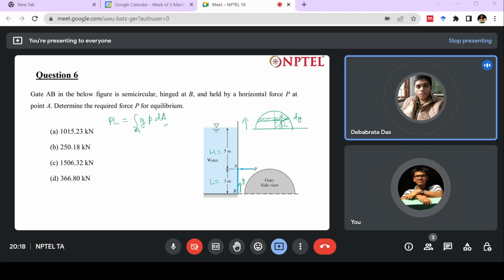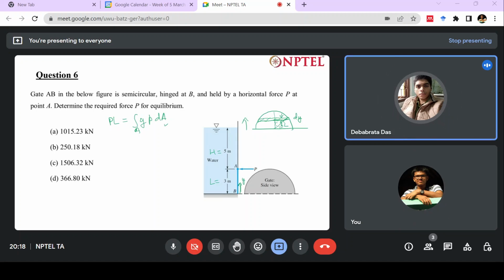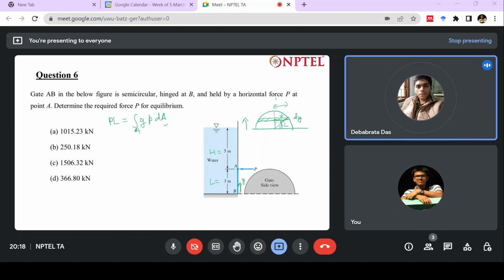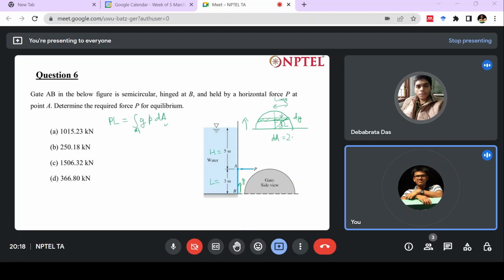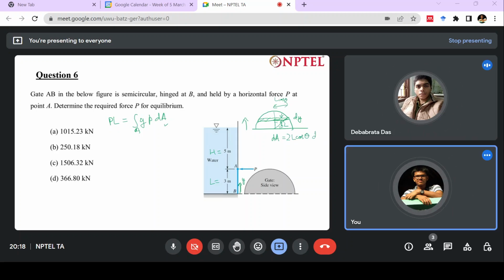If this is theta, then this half length is L cos theta. So your dA will be 2L cos theta into dy, right? dy is the thickness, and 2L cos theta is the length of this.